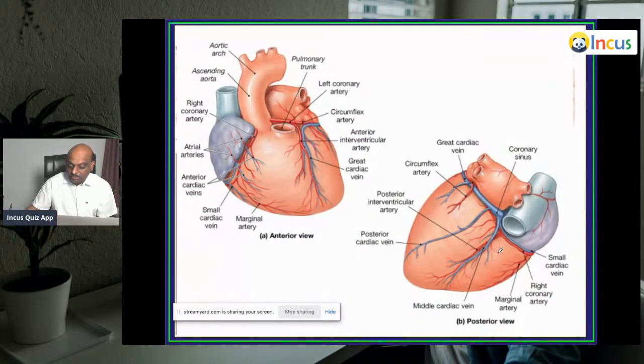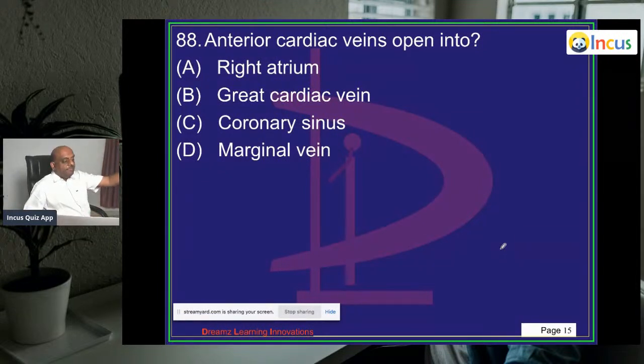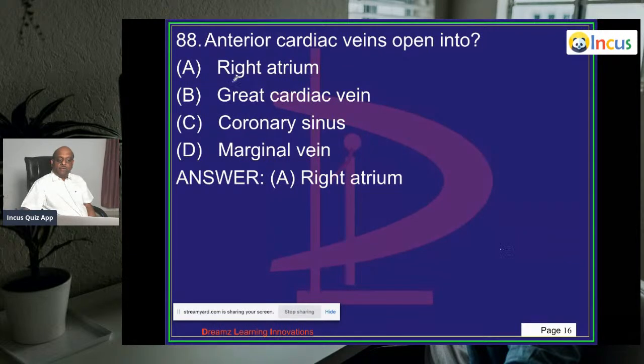So this is the posterior interventricular artery, the middle cardiac vein, the right coronary artery, the small cardiac vein. So you have to be very sure on the structures. So anterior cardiac veins, where do they drain, doctor? They drain into right atrium is what you have to remember.